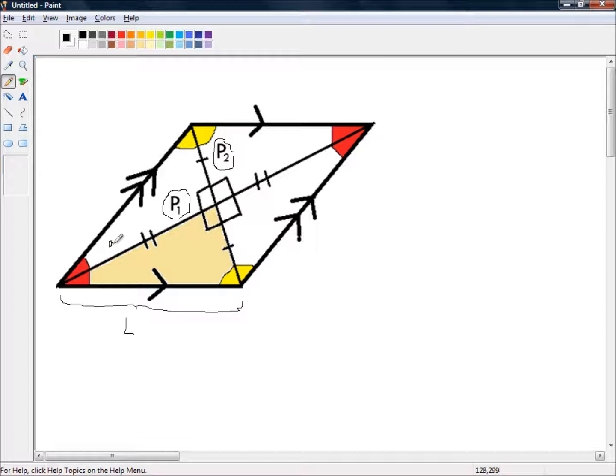Let's say A is this length here, and that's equal to P1 over 2. And then this leg here, we can call it B, is equal to P2 over 2.